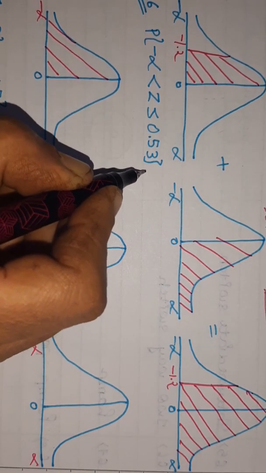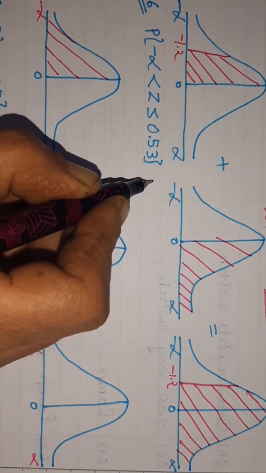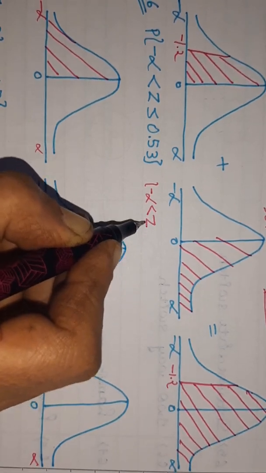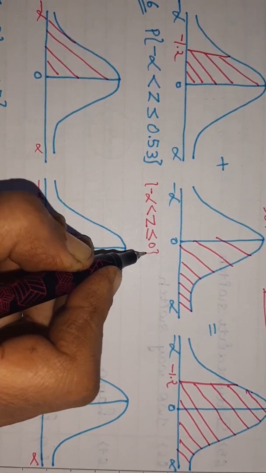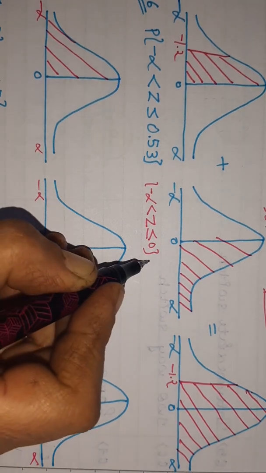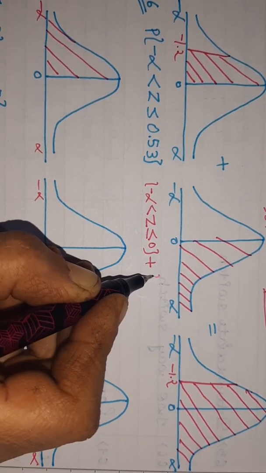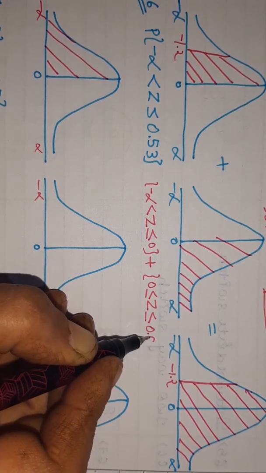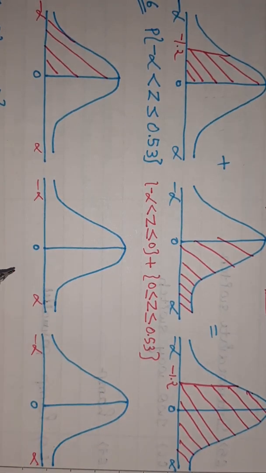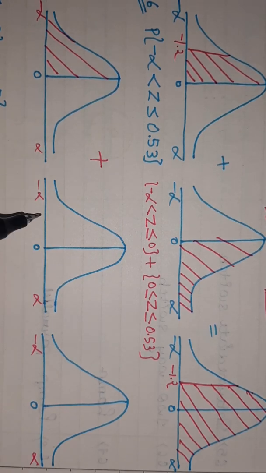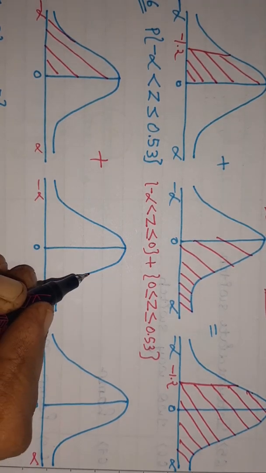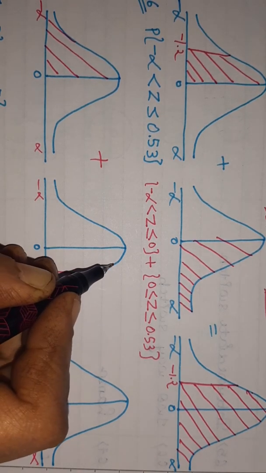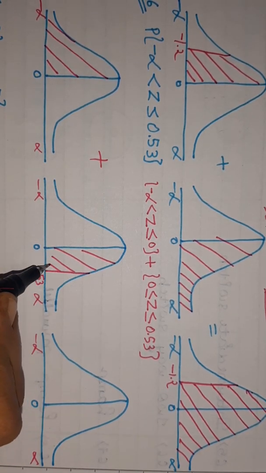And we should write it as minus infinity less than Z less than or equal to 0. Again, don't write the equal to sign with infinity. Plus this will be 0 less than or equal to Z less than or equal to 0.53. So here, from 0 to 0.53, this area is this way.